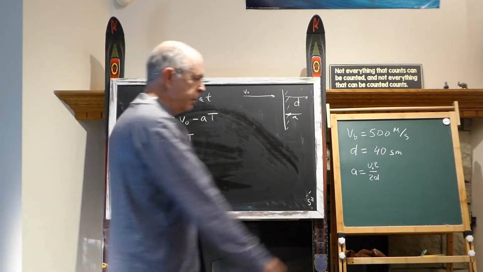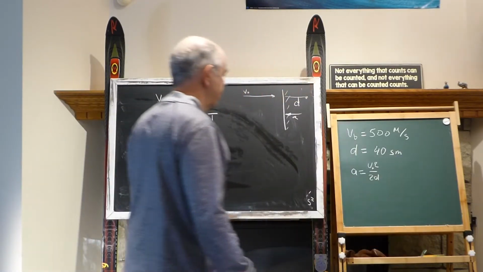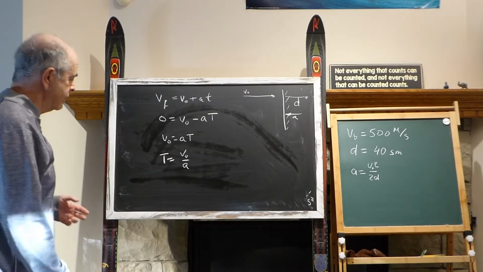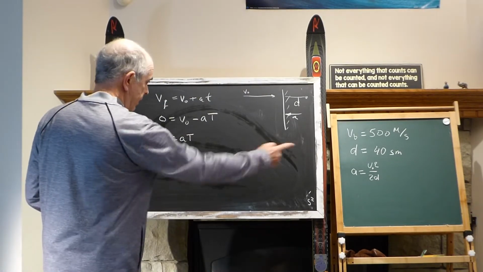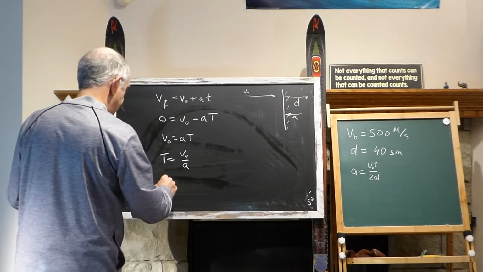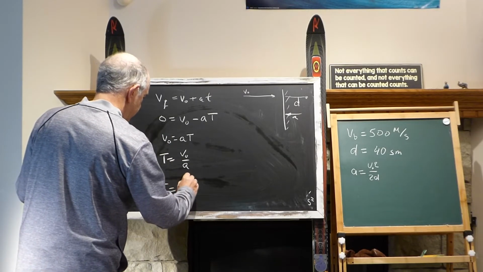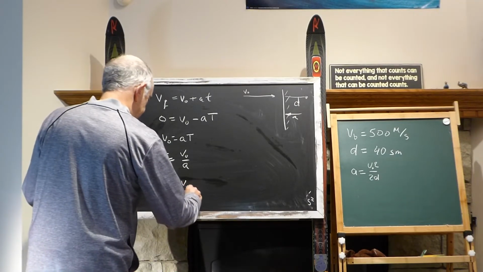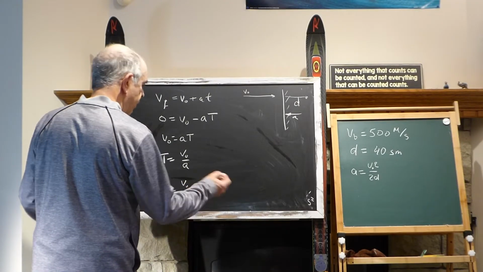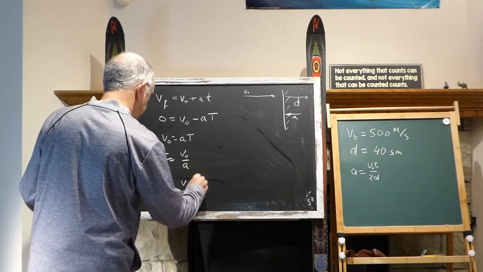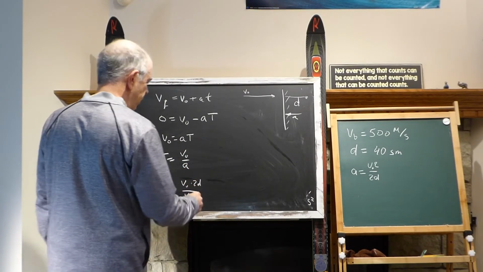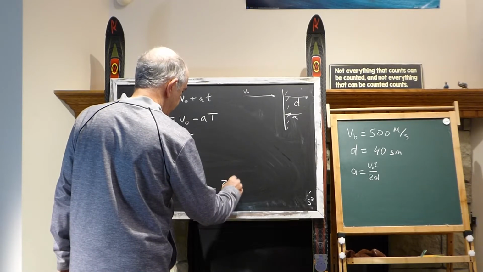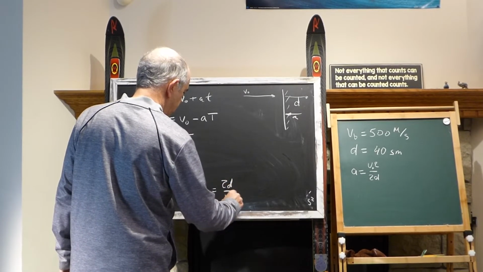Of course we can plug in the number, but I like to plug the numbers in at the very end. I'd rather plug in the acceleration first, and I will receive V0 over V0 squared over 2D, so 2D will go on top, and it will be 2D over V0.